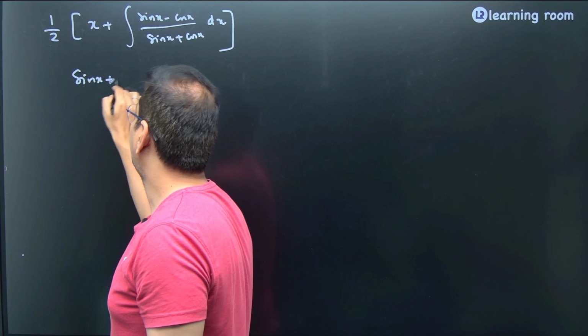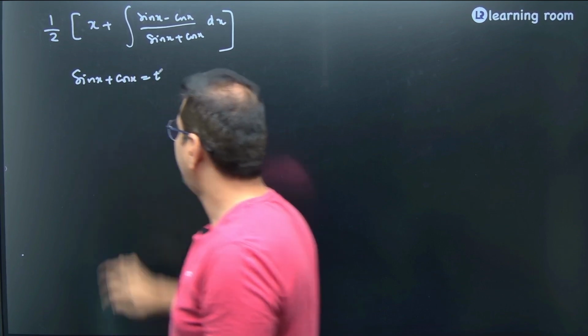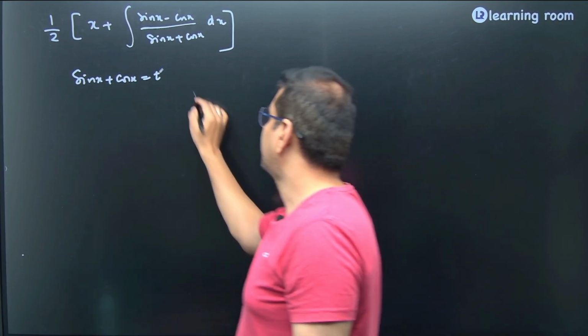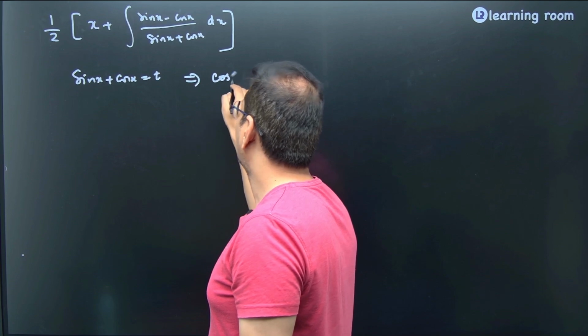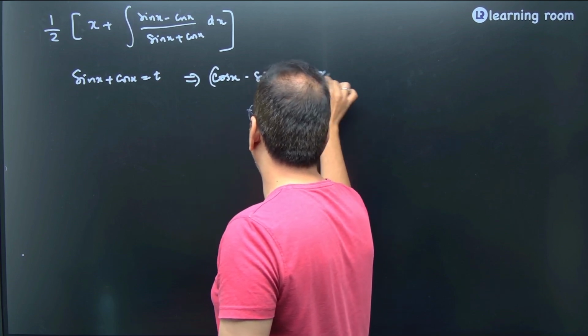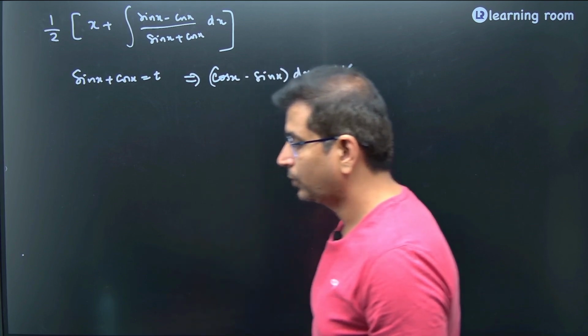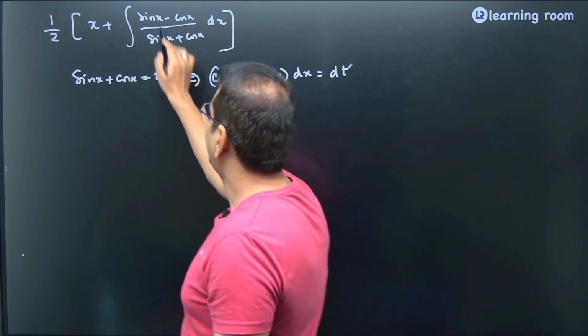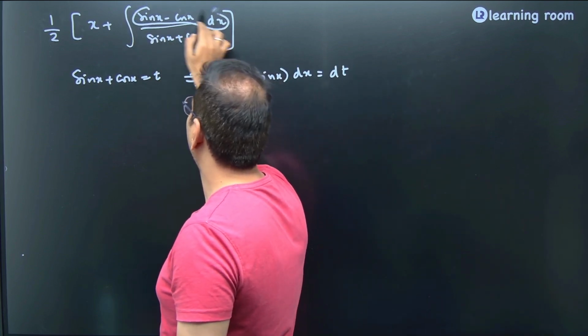Taking sin x plus cos x as t, once we do this, we will have cos x minus sin x times dx equal to dt. Now sin x minus cos x times dx is the numerator.